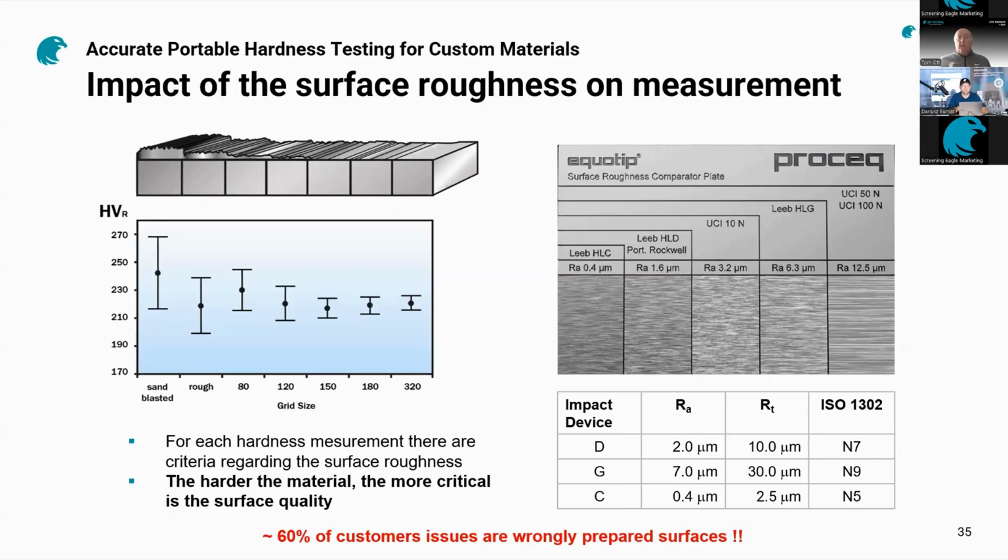So when you look at Leeb test results, they're always reported in HL, and then the last letter is the letter designation of the probe. So HLD represents hardness Leeb D. If you have a different impact device like the S, then that would be reported as an HLS value.